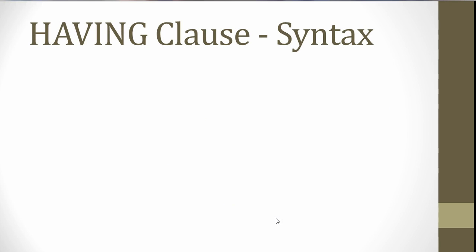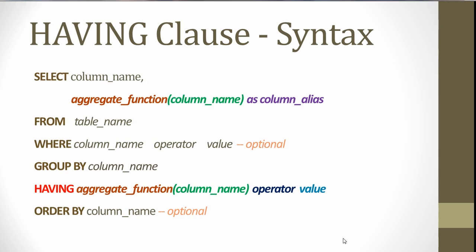Now let's look at the syntax for the having clause. You have a select column name, the aggregate function on another column, from, and the where clause, which is optional again, then group by, and after the group by clause we have having, followed by the aggregate function on a column, operator and value.